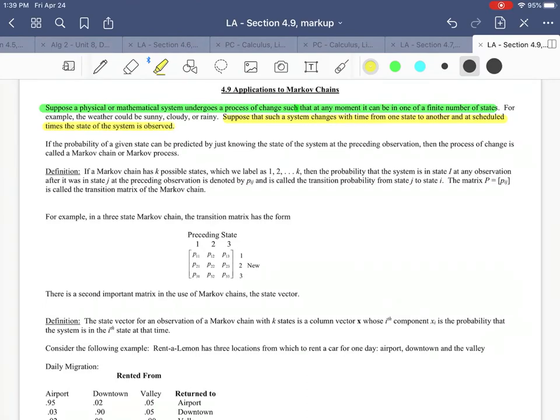This also depends on knowing the chance of something happening, and the next thing happening being dependent on that. If the probability of a given state can be predicted by just knowing the state of the system at the preceding observation, then the process of change is called a Markov chain or Markov process.